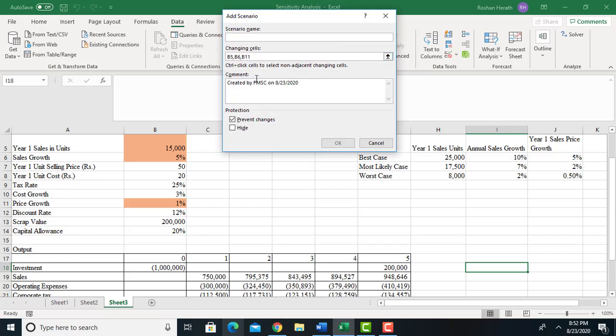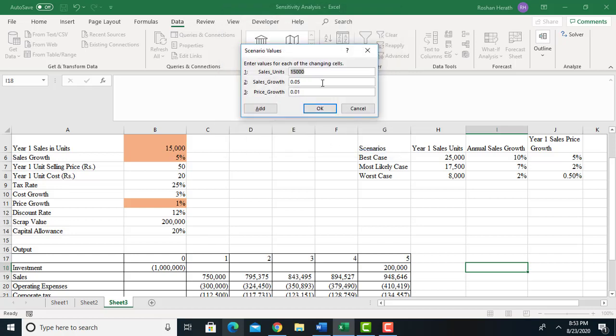The third scenario is the worst case. Then similarly, you can select them and hit F4. Then you have made them constant: B5, B6 and B11. Fine. Say okay. Under the worst case, it's 8,000.